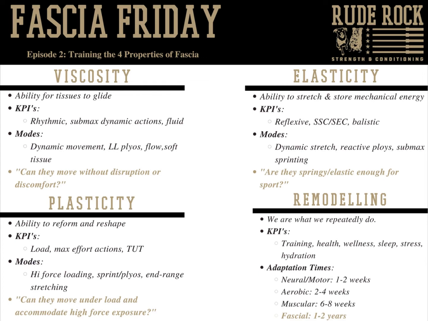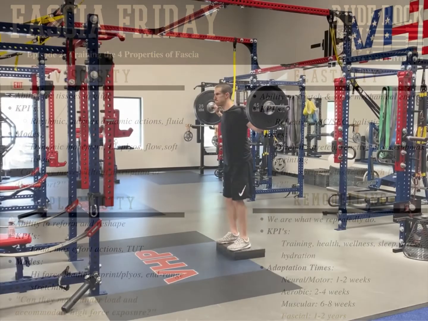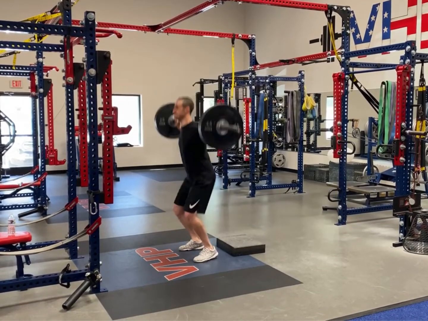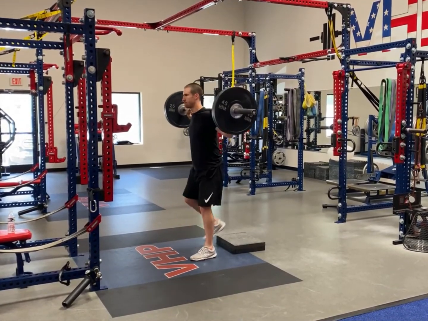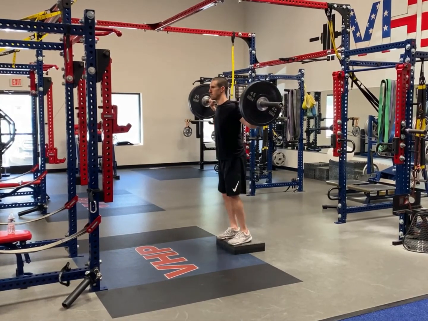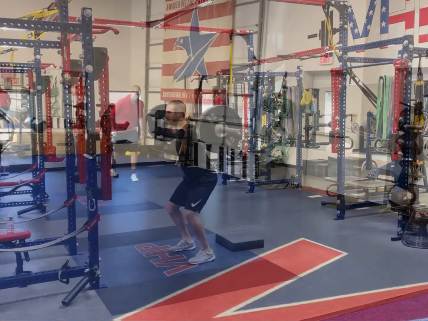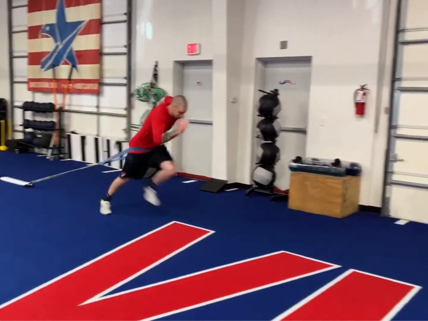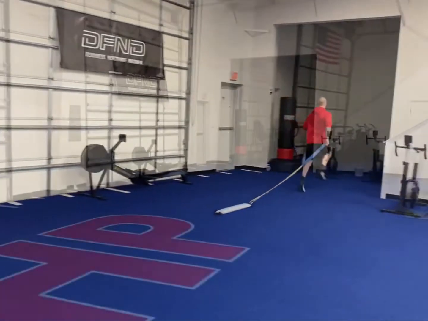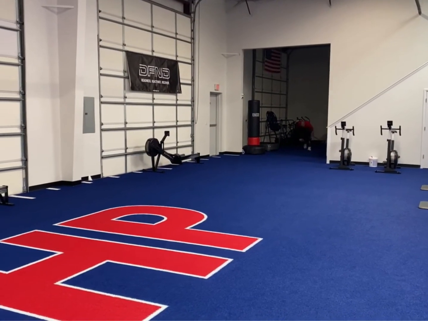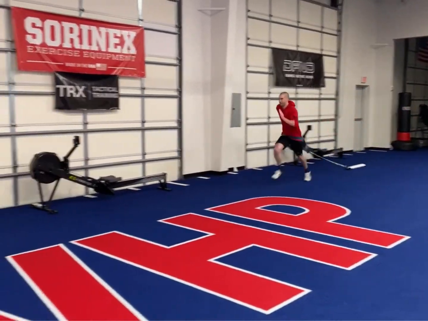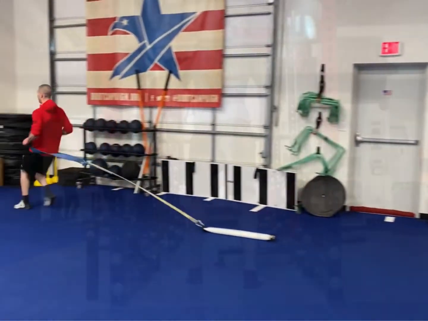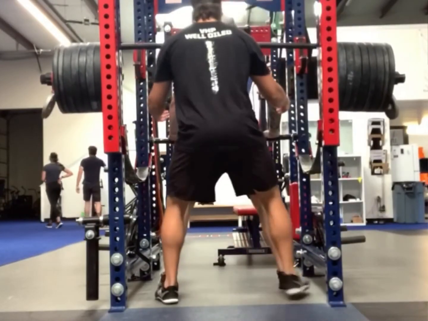As for plasticity, and we talked quite a bit about plasticity in the first episode, but this is our ability for the fascial tissue to reform and reshape. So for this, we are just looking very simply at high intensity loading, high force effort, high force plyometrics, full effort sprinting, long time under tension, but we want to expose the body to high force or high effort modalities that, again, challenge this ability to reform and not distort or denigrate under load, and then being able to reshape back after the fact.